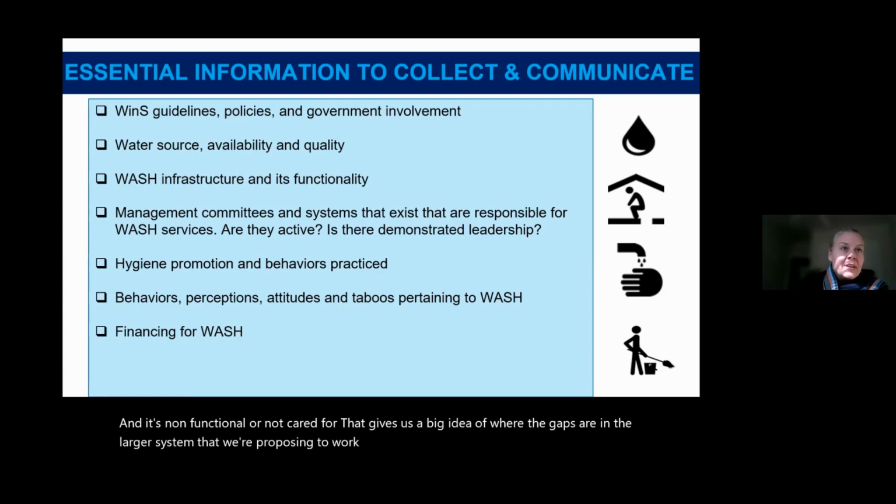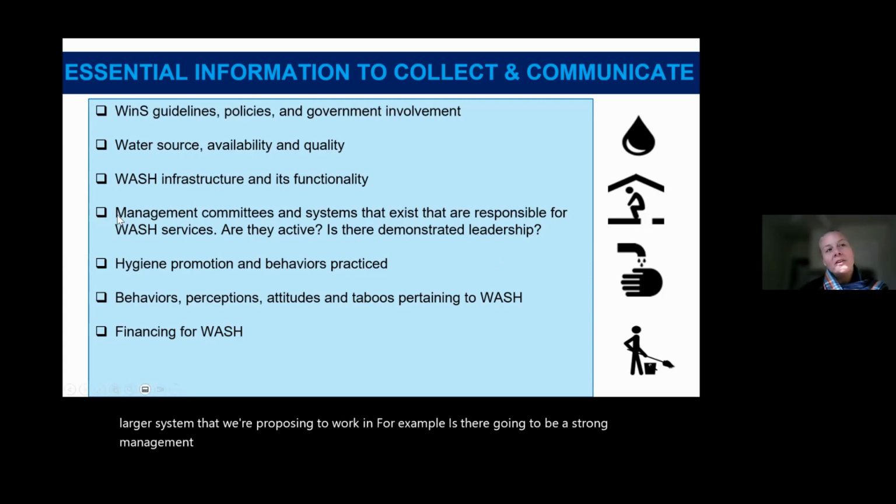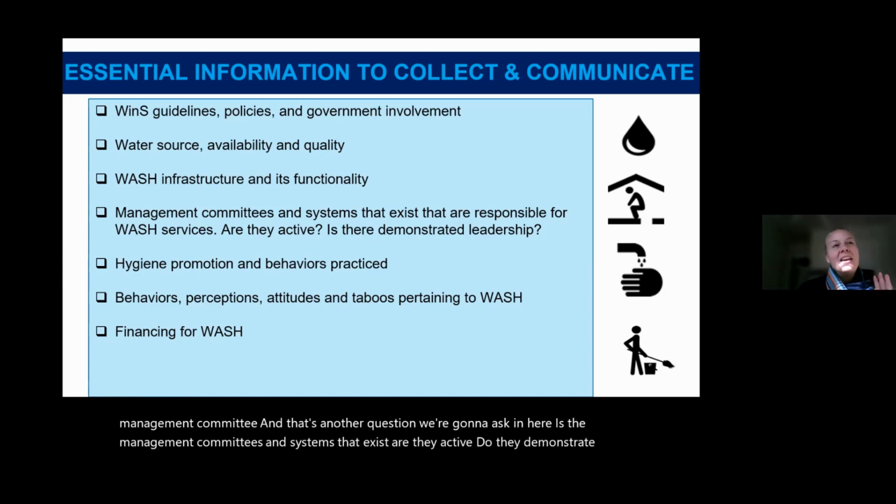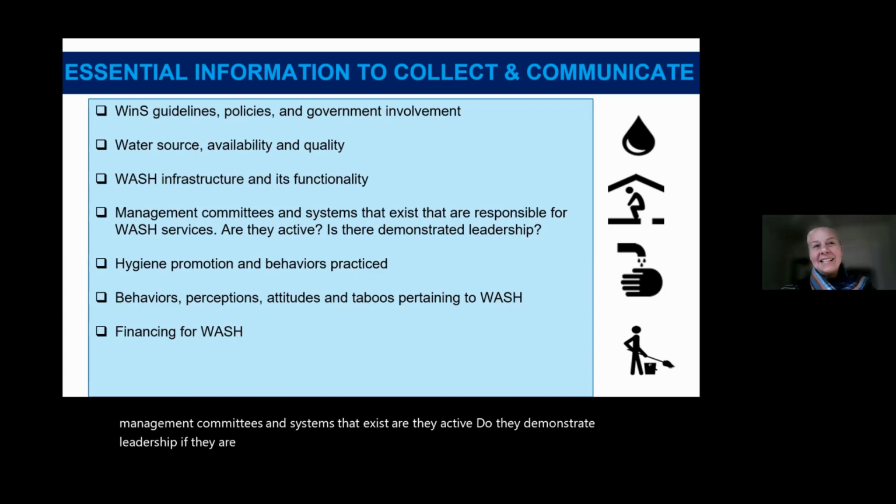For example, is there going to be a strong management committee? That's another question we're asking here. Are the management committees and systems that exist active? Do they demonstrate leadership? If they are active, then why is the existing infrastructure in a bad state?